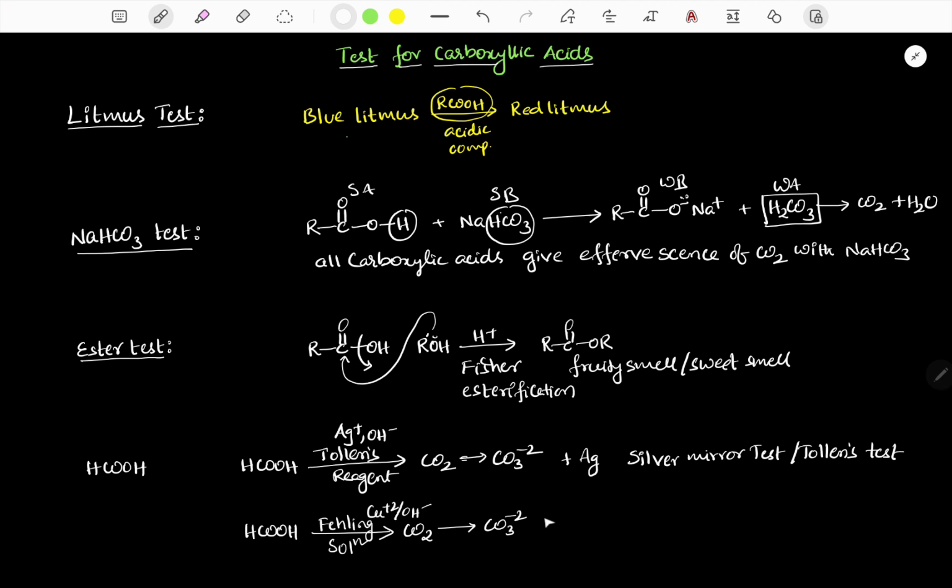Cu2+ will be reduced to Cu2O, which is a red precipitate, and the red precipitate confirms the carboxylic acid. It is the only carboxylic acid which is oxidized by Tollens and Fehling.